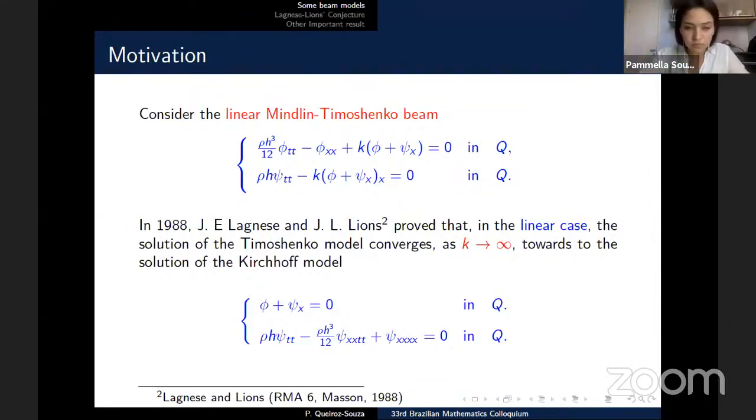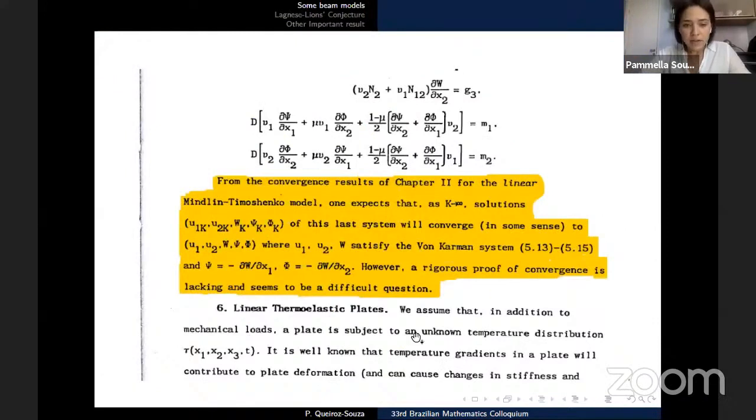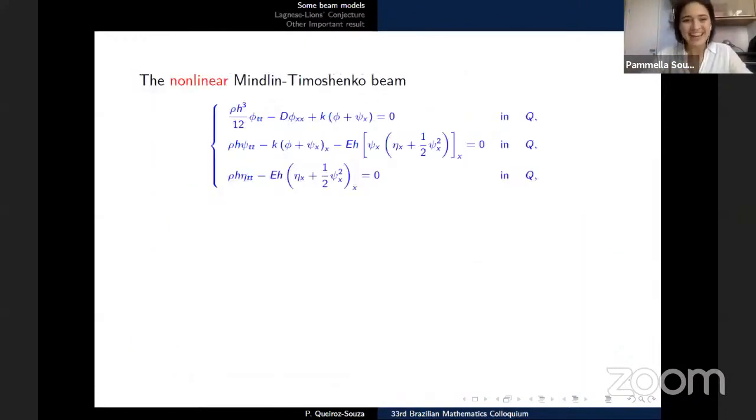Here we have the part of the book where the conjecture was made. It is important to see that the conjecture was made for the two-dimensional case. But let's start by understanding what happens if we consider the one-dimensional nonlinear Mindlin-Timoshenko case.